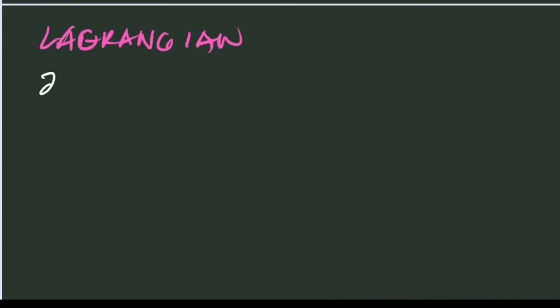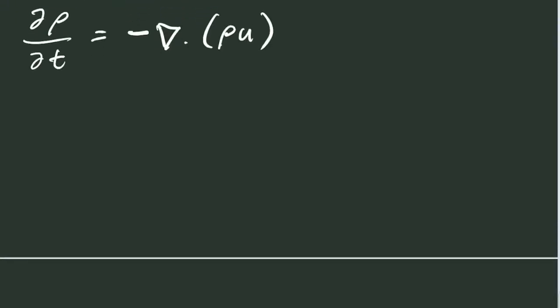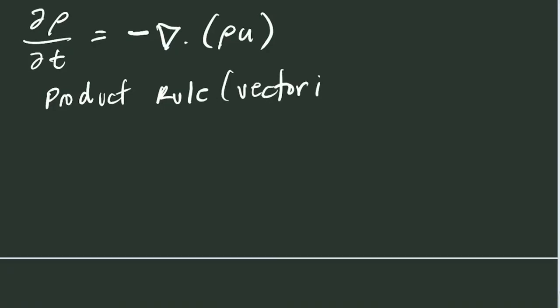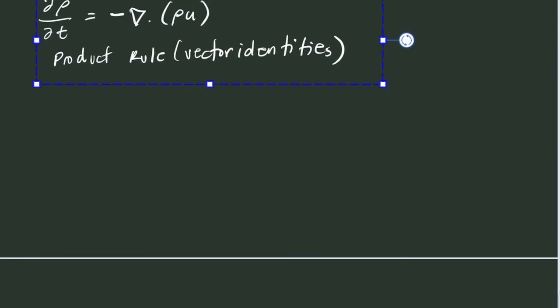We do that by starting with the divergence of rho u. Gagamitin natin yung product rule para sa solution na to, product rule, and we just use the vector identities. Okay.